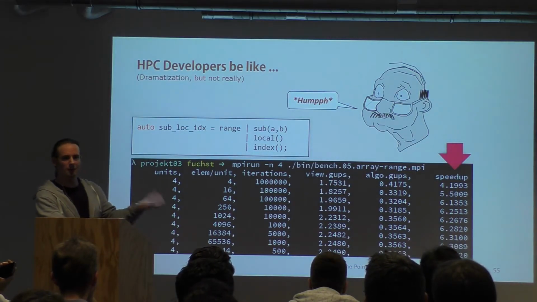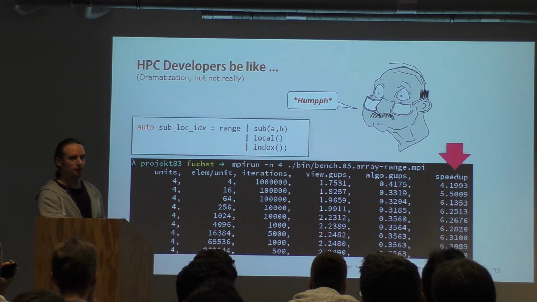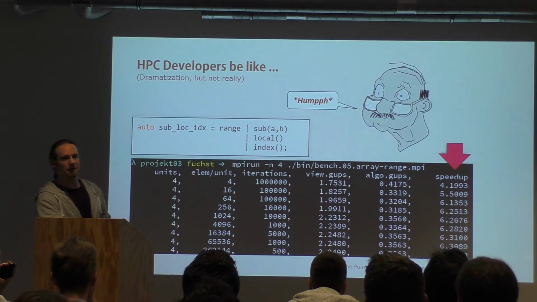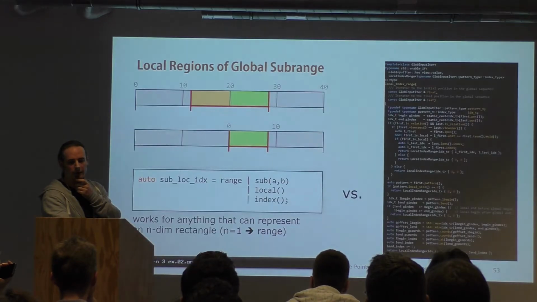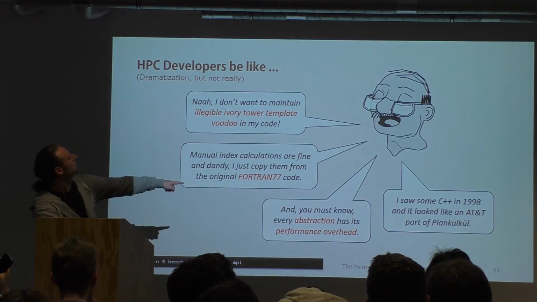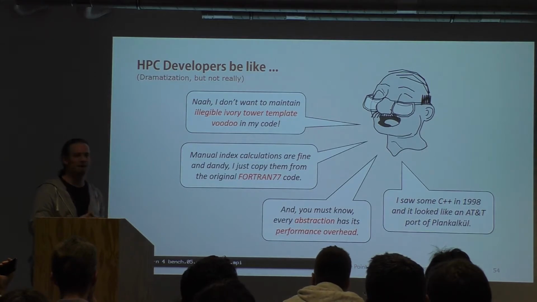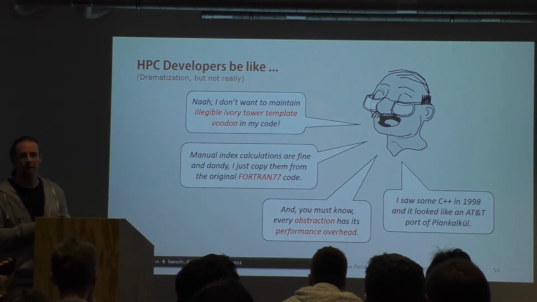And when you travel a bit and show this to many people, at some point they grasp it and say, okay, but this is C++, you say. And the problem is really what I had before. At the bottom right, I saw some C++ in 1998, and it looked like an 80AP power of plan calcul.